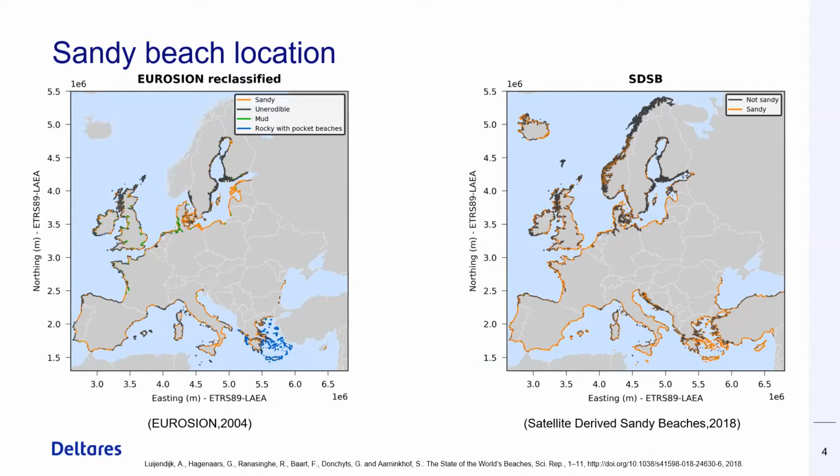For our study, we're interested only in the sandy coastlines, one of the four types you can see on the left map. A newer study from 2018, conducted by Deltares, used satellite images to derive the location of sandy beaches around the globe. So we used this data set as well, at the European scale, to identify the extents and spatial location of sandy coasts around Europe.